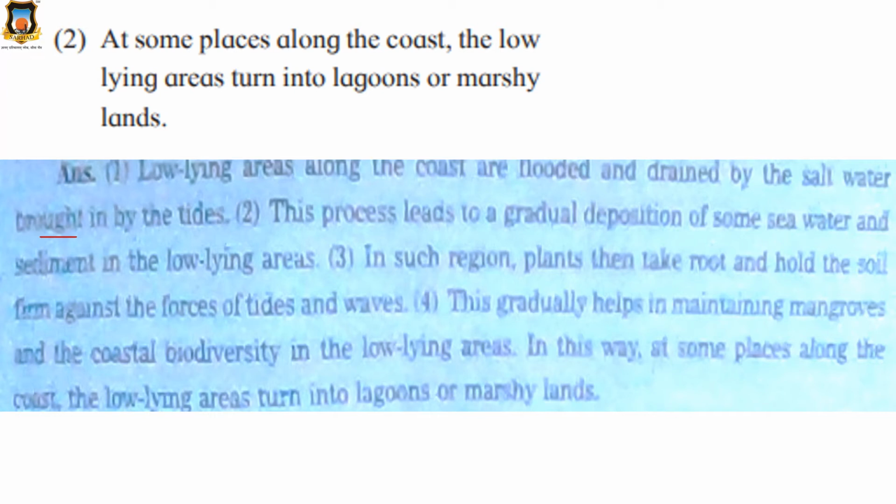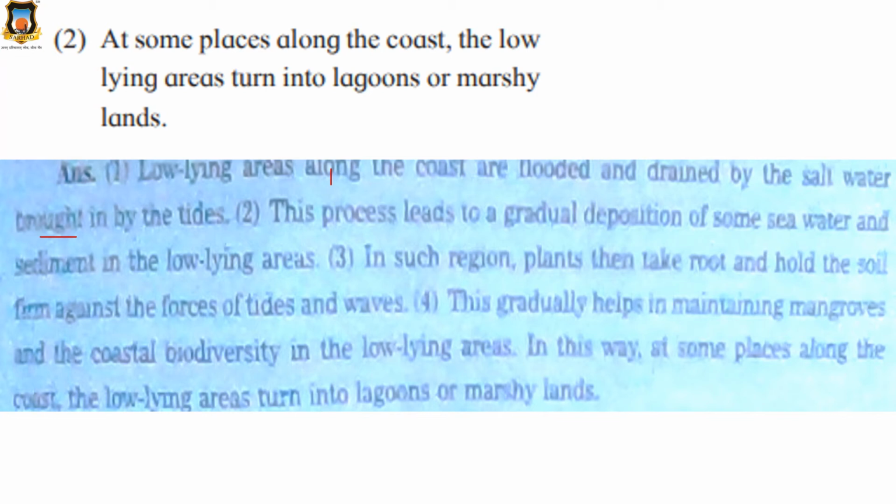Did you understand? It is not possible to tell you the answer by marking, that's why I have given it to you like this. I hope you all are able to see it clearly. If you want, I am reading the answer again for you all. Low-lying areas along the coasts are flooded and drained by the salt water brought in by the tides. This process leads to a gradual deposition of some seawater and sediments in the low-lying areas.